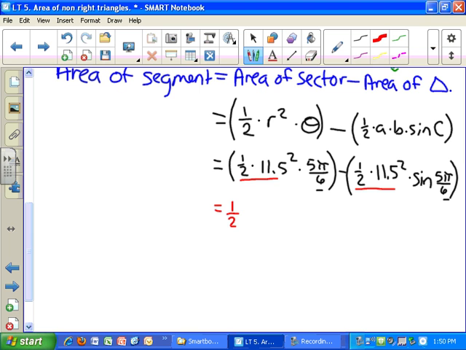We can factor out 1/2 times 11.5 squared from both, and now what I'm left with in the first parenthesis is just 5 pi over 6 minus, and now I already factored that out here, so all I'm left with is the sine of 5 pi over 6.